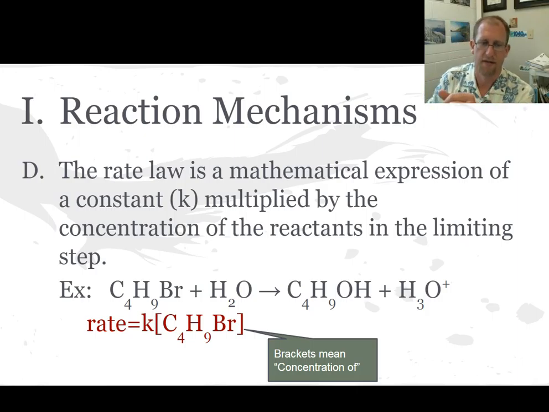When we look at this, we have two reactants and two products. And there's two steps to this reaction. There's rip a hydroxide off of the water step, and then there's ionize the water step.